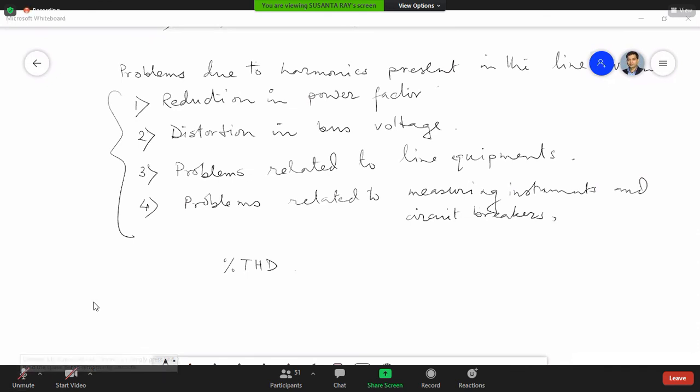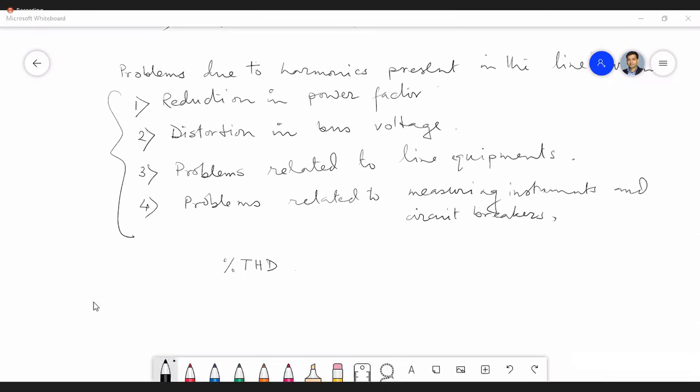Sir, just heard it, don't know what it is. We have just heard it. Okay. So total harmonic distortion means how much percentage of harmonics is present in that waveform.